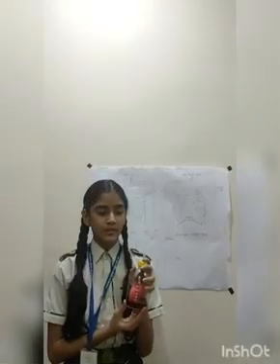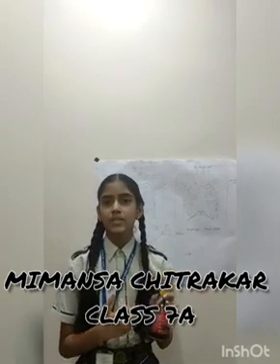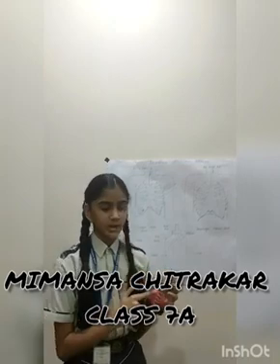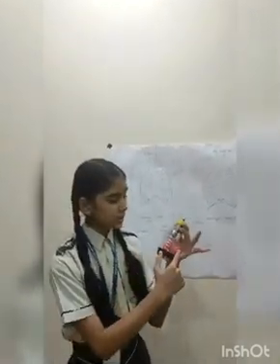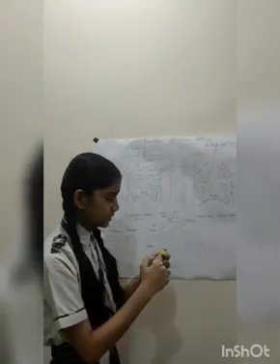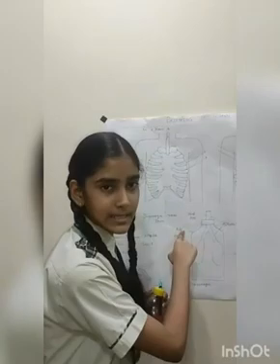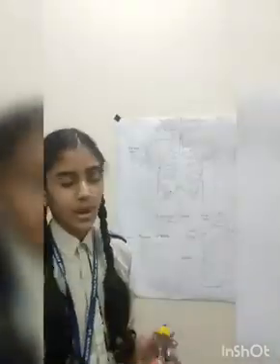This is the model I have made for a science experiment. This is how the respiratory system works. This model is made with a bottle, 2 pipes, 3 pipes and 3 balloons. These 2 balloons we will take as lungs, these straws as a windpipe, this bottle as the rib, and this bottom balloon as the diaphragm.